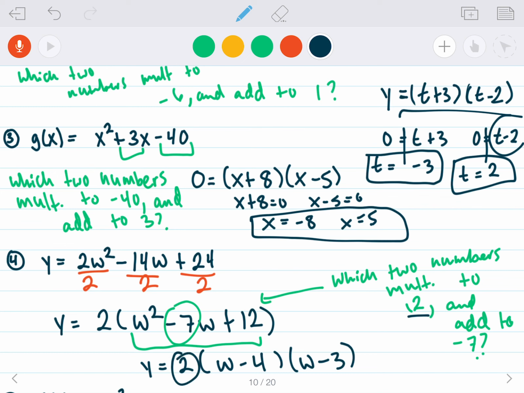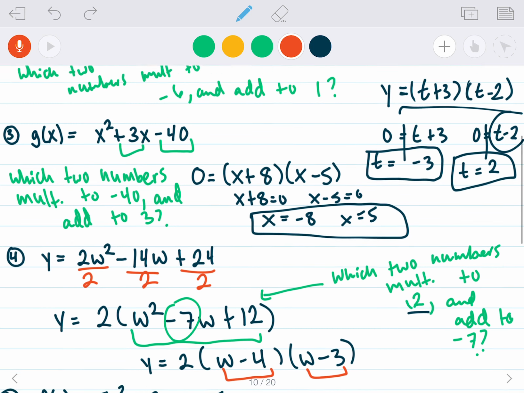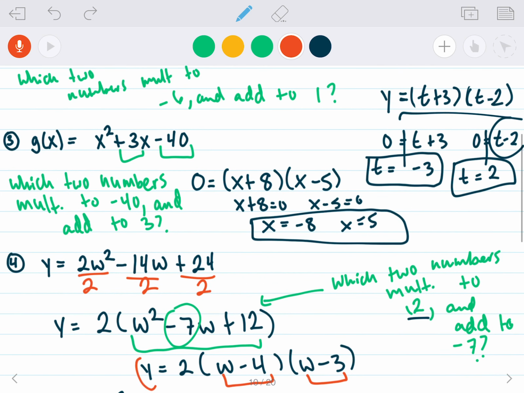See, now we have an a that's not 1. We have a is 2, but we can still employ the same strategy. We set these factors equal to 0, not this one, though, right? Because first, if we set y equal to 0, which is the first step in doing this, we get 0 equals 2 times w minus 4 times w minus 3.